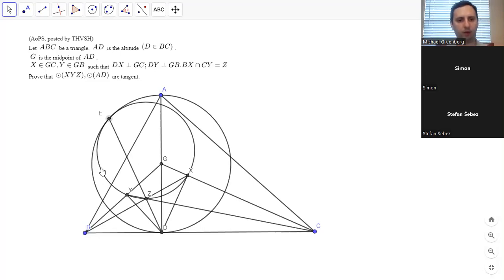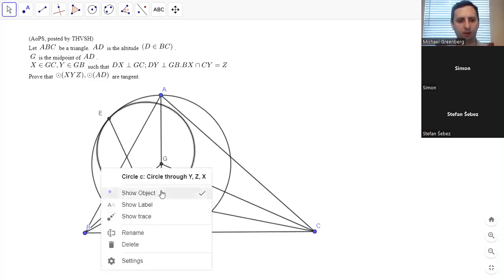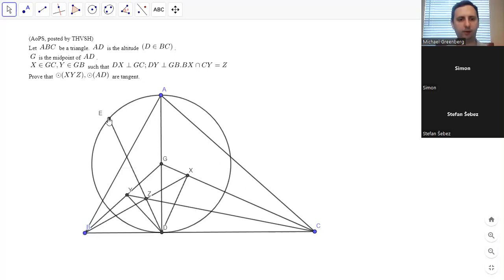So what we could do is let DZ intersect the circle at E, and then try to prove that EYZX is cyclic. And then after that, we'd have to show it's also tangent. Or we could do it the other way. We could draw the circumcircle of XYZ. So yeah, I'm not sure which one is better.